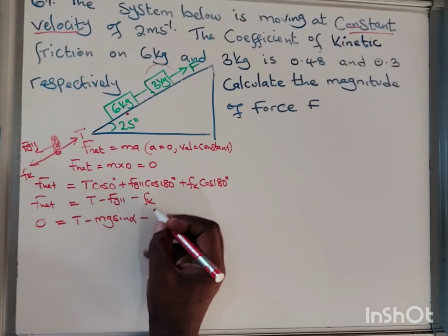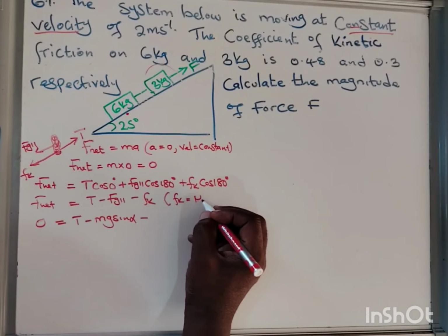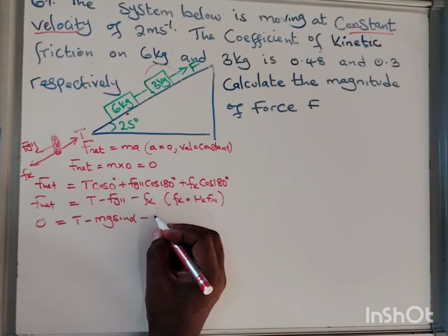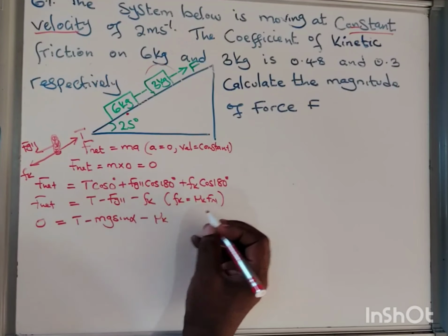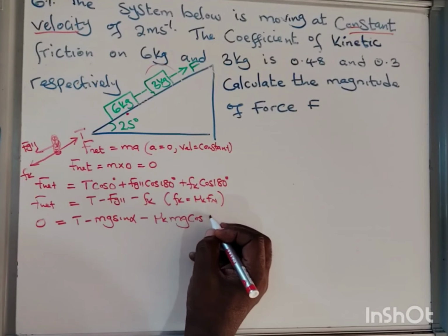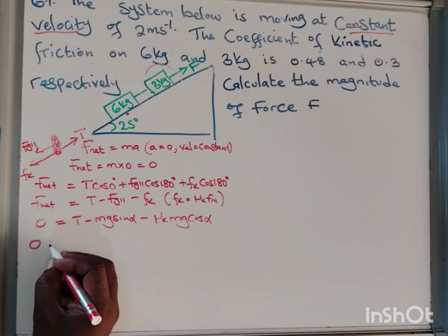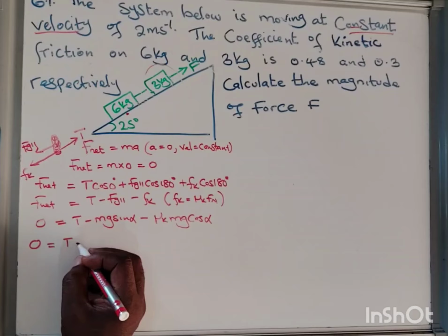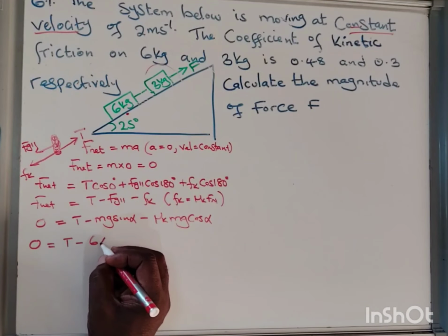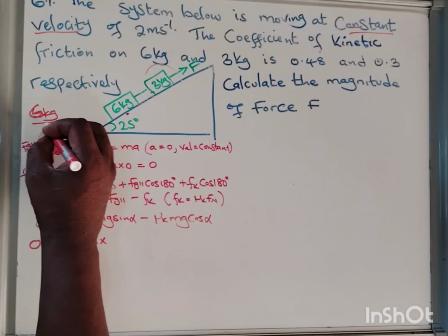Also, Fk is equal to mu k Fn, and Fn on an incline is mg cos alpha. When you substitute the figures, we get 0 is equal to T minus m. What is the m? 6, because we are dealing with the 6 kg.